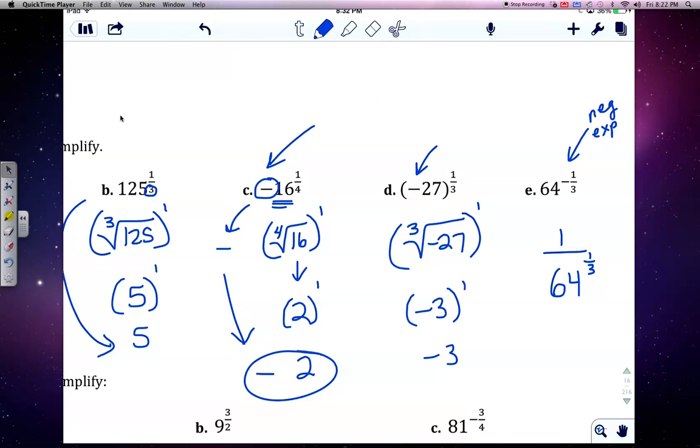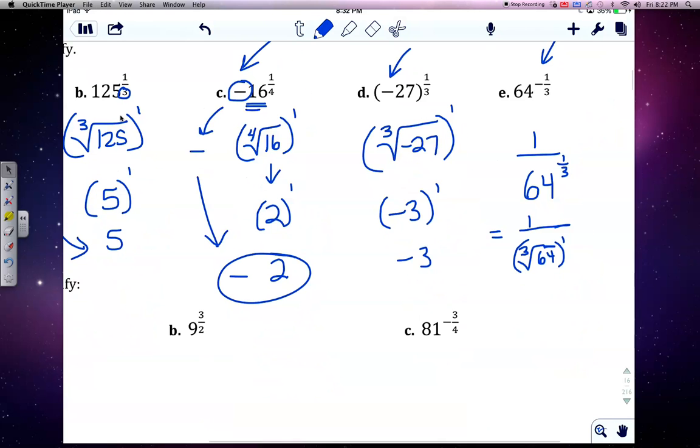So I have now 1 over the cube root of 64 raised to the first power. And the cube root of 64, if I look at this carefully, is going to be 4 in the denominator. So I get 1 over 4. If you can do that problem, then you've actually taken something that we've done in the previous section and used it in this section. Cool.